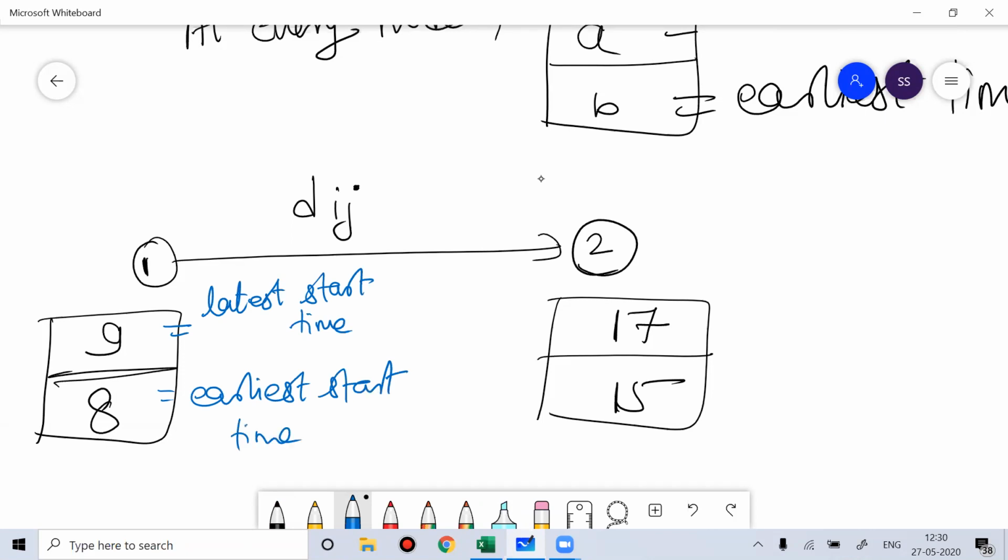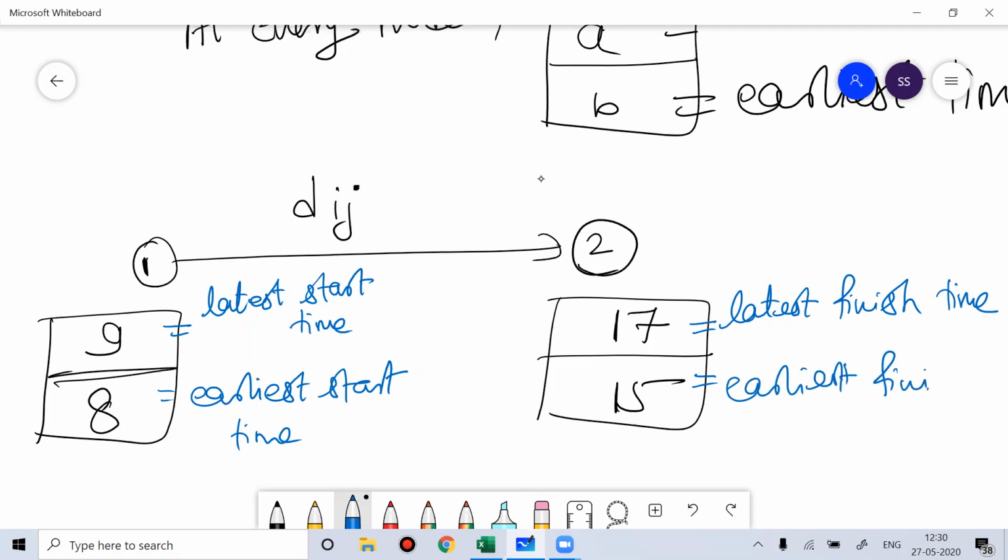While for activity 1 to 2, this would be the latest finish time, and this would be the earliest finish time.